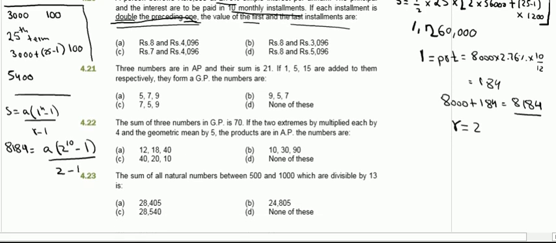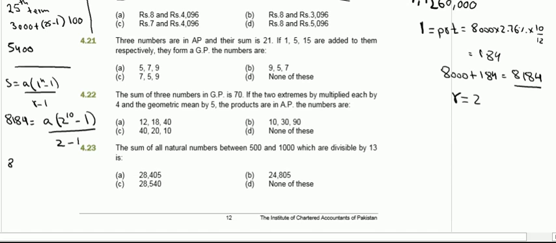This will be 8,184 is equals to 2 minus 1 is 1 and 2 power 10 minus 1 is 1023 A, and A is therefore 8184 divided by 1023, which is 8. So our A or first installment will be 8.